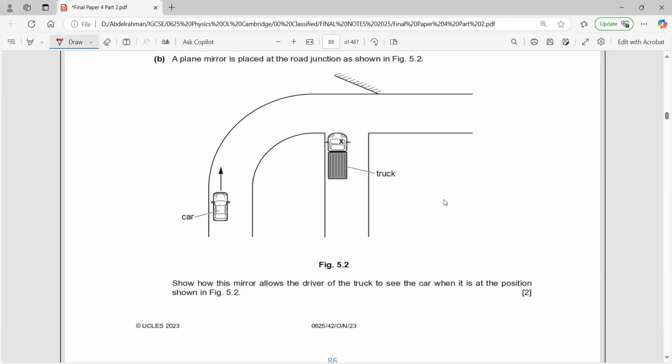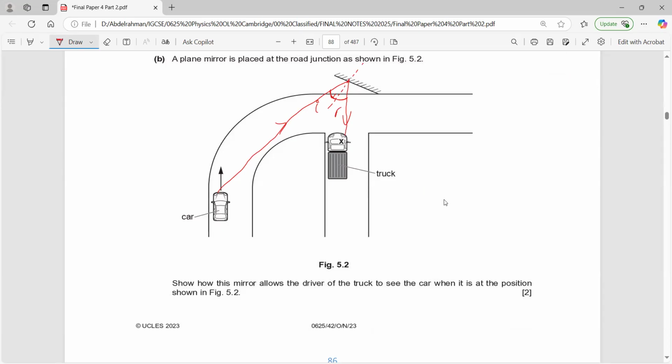For example, around this angle. Again, you're drawing with a ruler, and at this point, you should have a normal line. This normal line would reflect the ray with an angle of incidence equal to the angle of reflection. Try to be as accurate as possible.